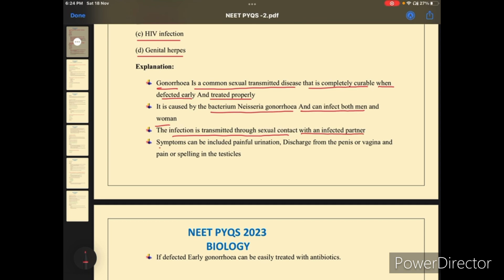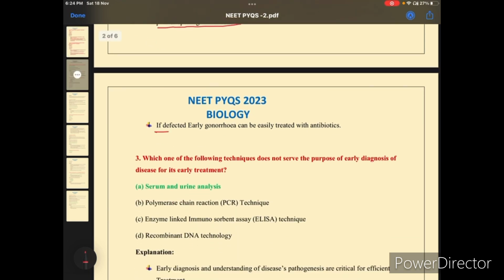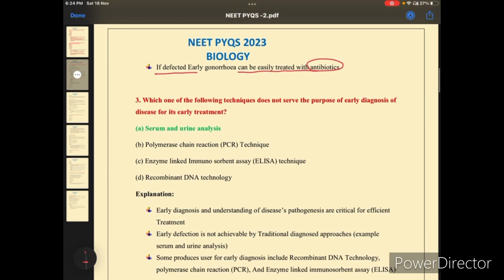The symptoms of this disease include painful urination and discharge from the penis or vagina, or pain or swelling in the testicles. If detected early, it can be easily treated with antibiotics.